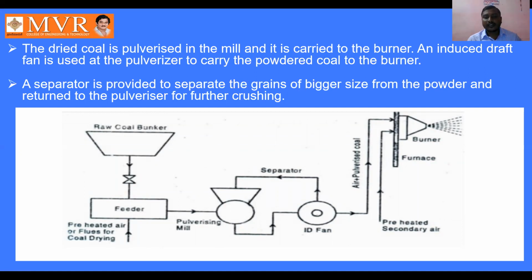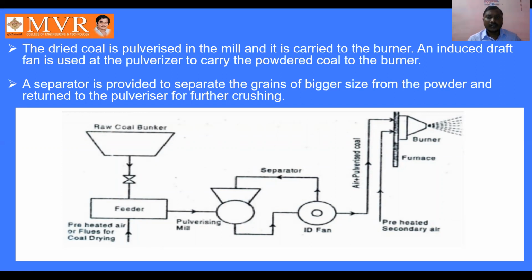From the pulverizing mill, the powdered material is sent to the burner by using the ID fan. The larger coal particles which are not required can be sent to the pulverizing mill again through the separator, and the air plus pulverized coal is entered into the furnace for the combustion process.